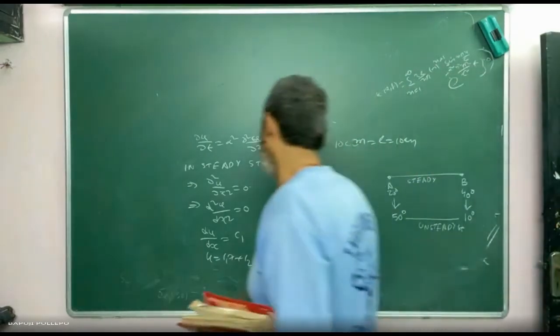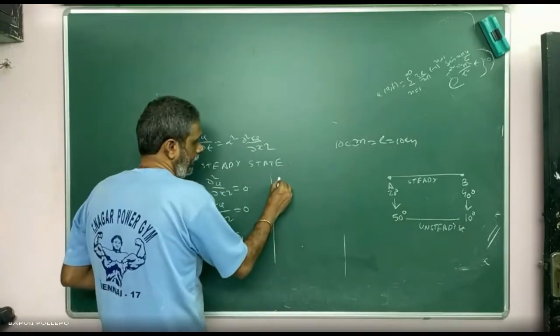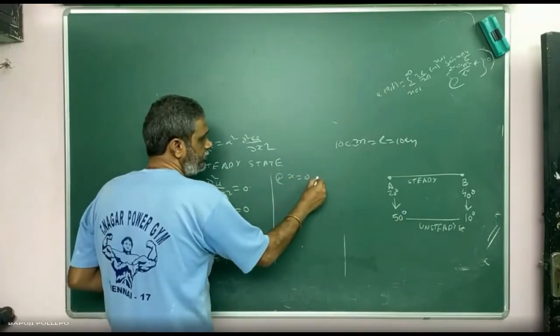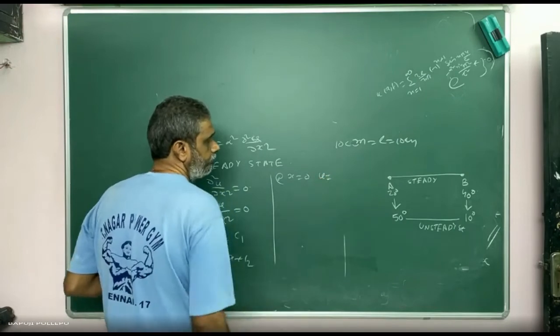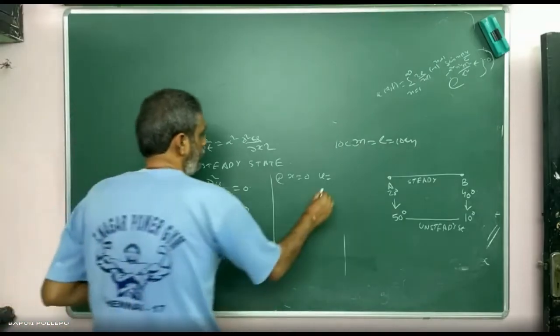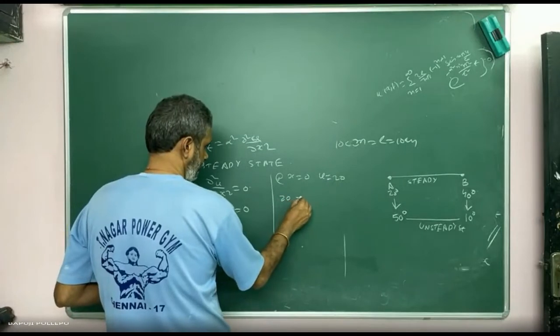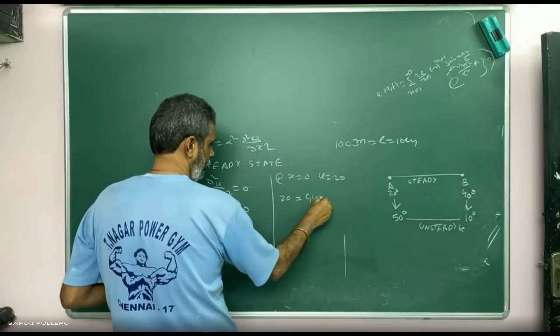u is equal to c1x plus c2. In steady state, at x is equal to 0, what is u? At A, 20. Very good. Substitute it here. u is equal to 20, then c1 into 0 plus c2.